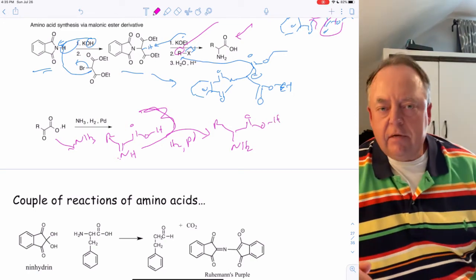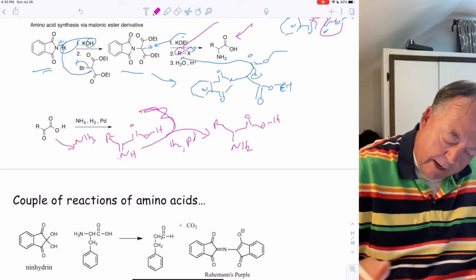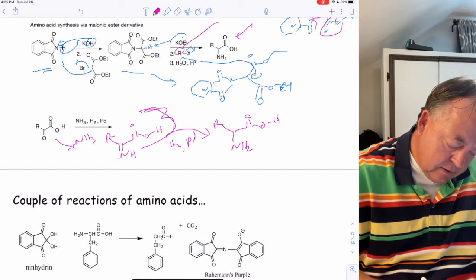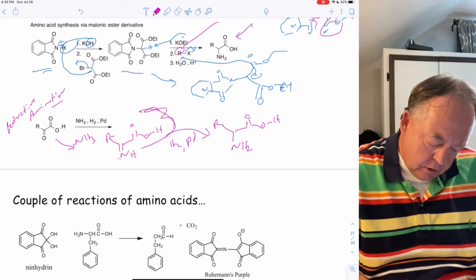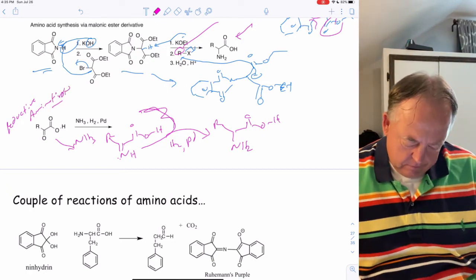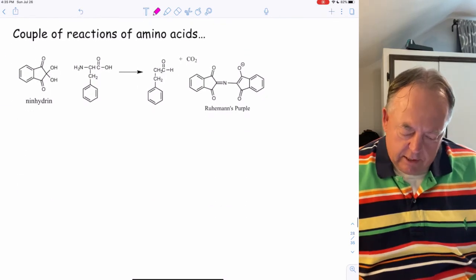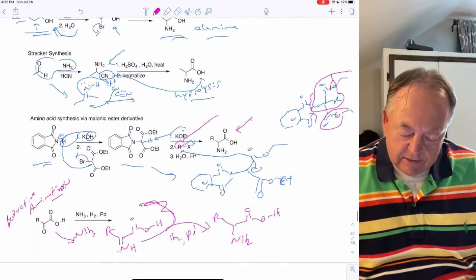Right, and then you would have the amino acid. That's a reaction covered back in chapter 19. That's what's known as reductive amination. Okay, so those are some ways to synthesize amino acids.